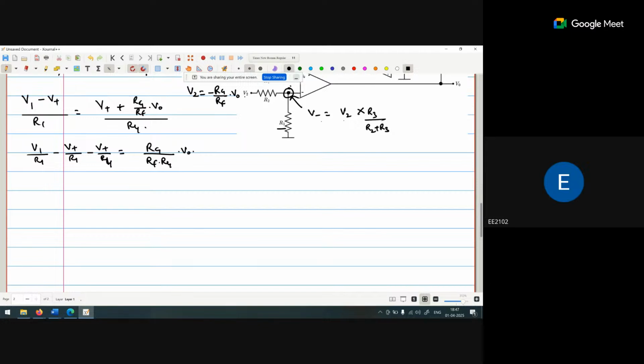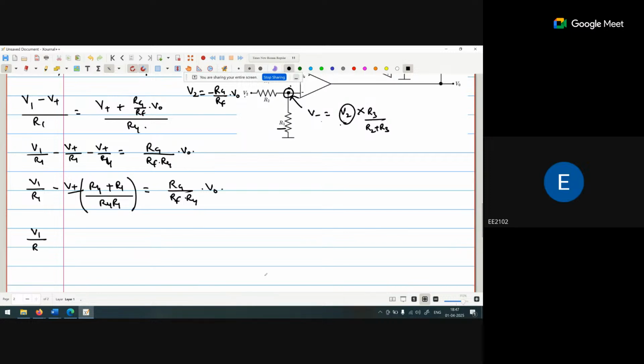Okay, what is V plus? V plus, what is V minus? So we are putting the V2. So V1 by R1 minus V plus into R4 plus R1 upon R4 R1 is equal to Rg by Rf into R4 multiplied by the V naught, and V plus we are putting V2.